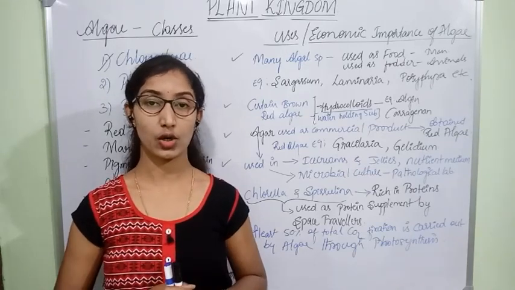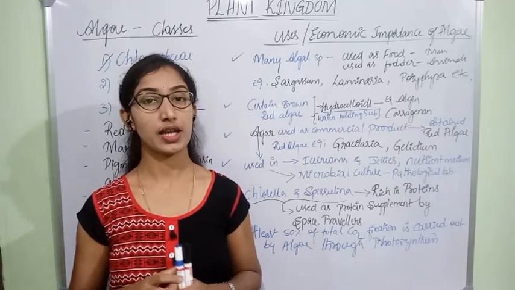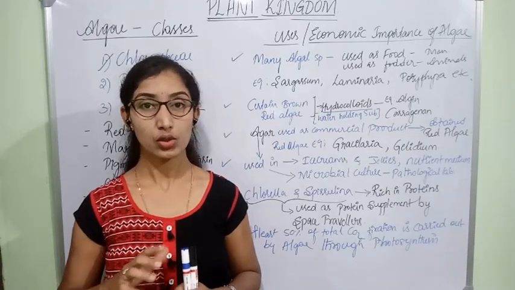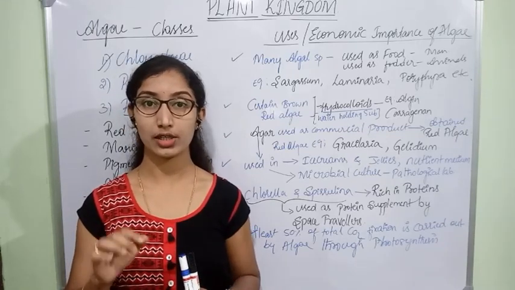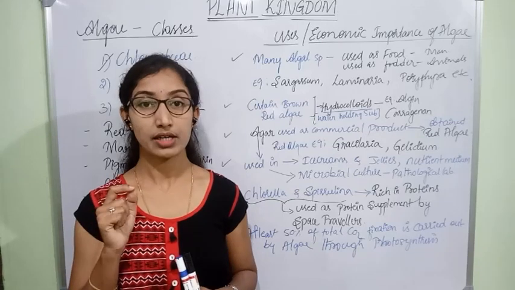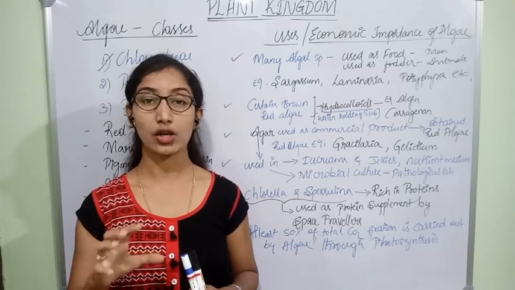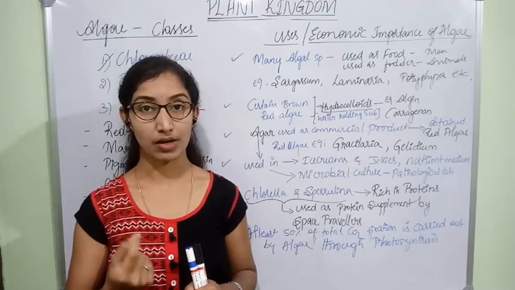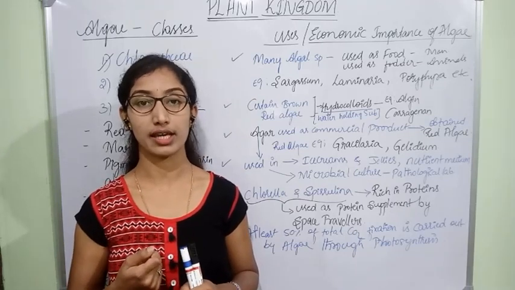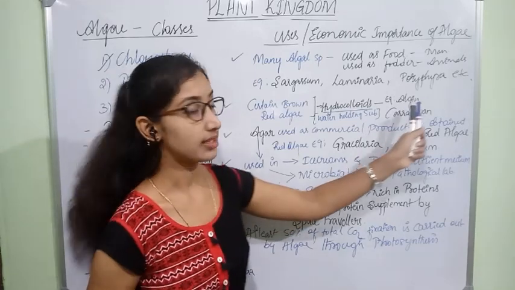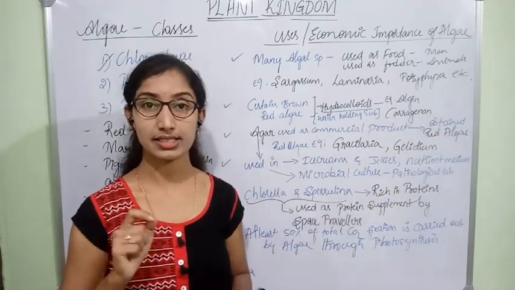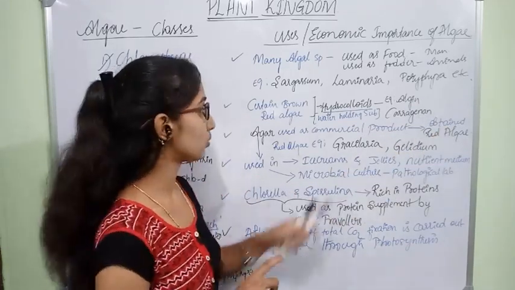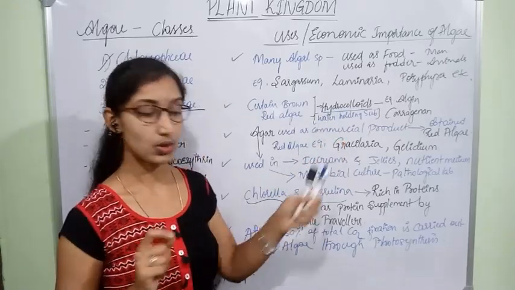We can also observe a gelatinous coat in the blue-green algae. But the mucilaginous covering which covers the brown algae is called algin, and that algin is used as a hydrocolloid.